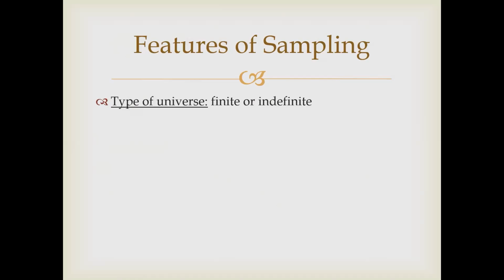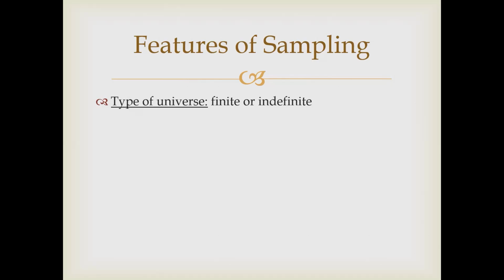Type of the universe. See, the universe may be finite or it may be indefinite. Indefinite means we do not know the size of the population. The size of the population, not the sample, is unknown. It may be 3 lakhs, it may be 4 lakhs, it may be 5 lakhs.